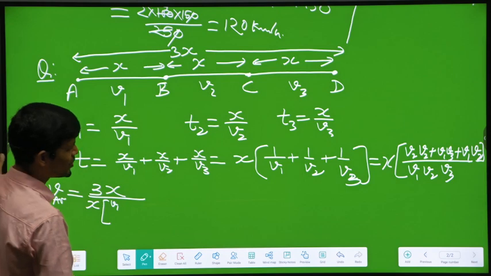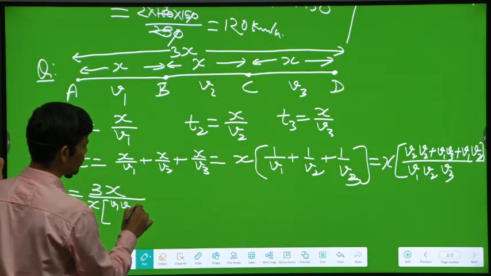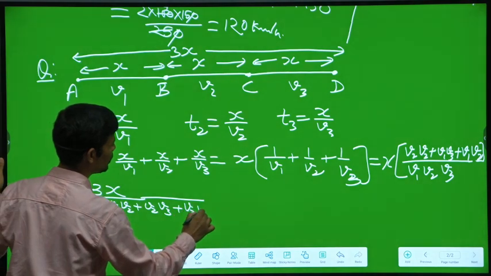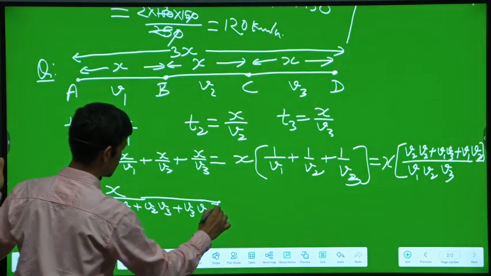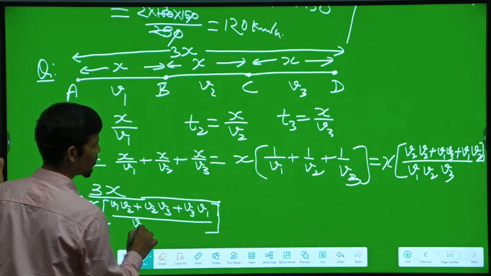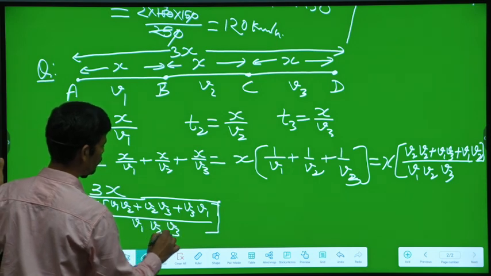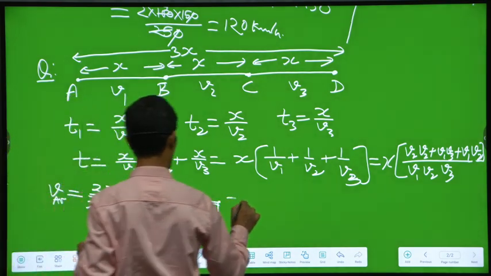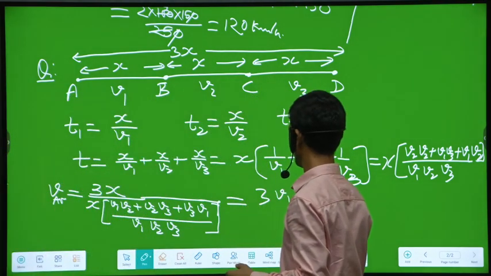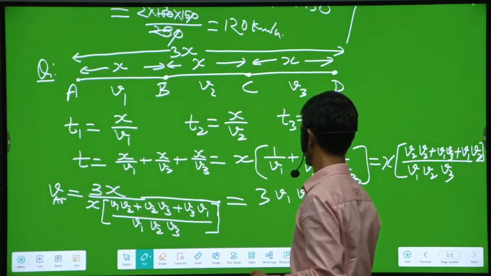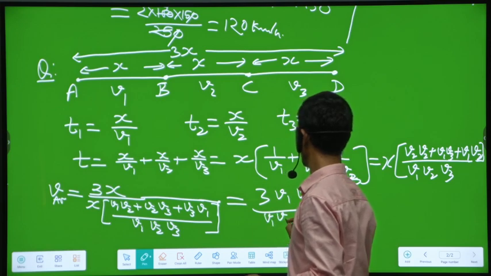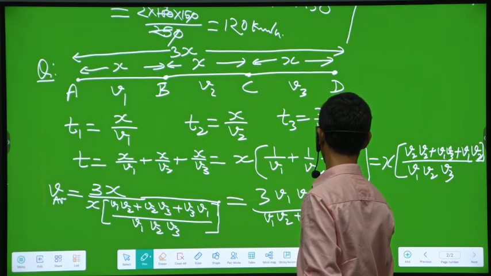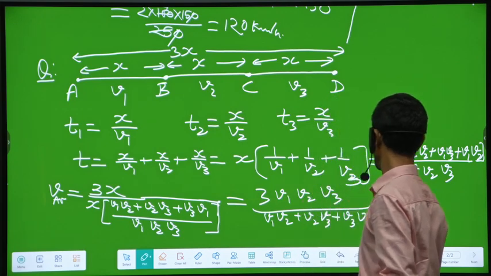I can change the order, v1 v2 plus v2 v3 plus v3 v1 divided by v1 v2 v3. X will get cancelled, so finally it will be 3 v1 v2 v3 divided by v1 v2 plus v2 v3 plus v3 v1.